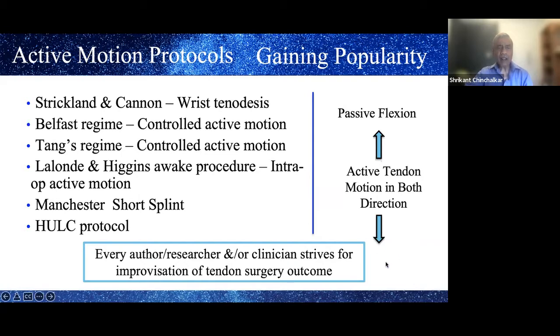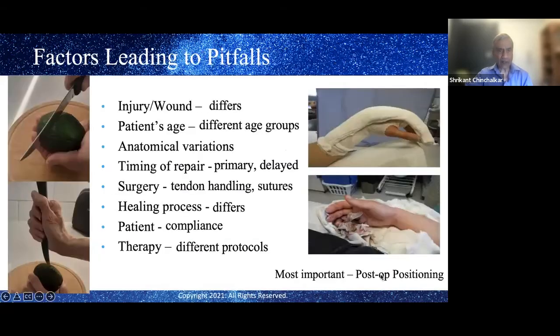However, all these years, this is my 51st year of clinical practice, I have been striving towards improving tendon surgery outcomes, and I have contributed a bit based on my experiences as well. But the other factors we need to consider from a different point of view.